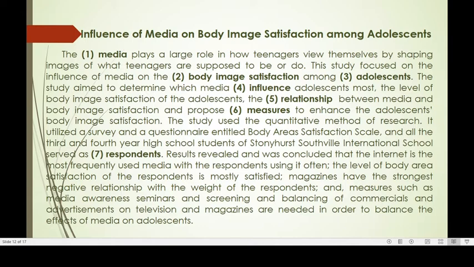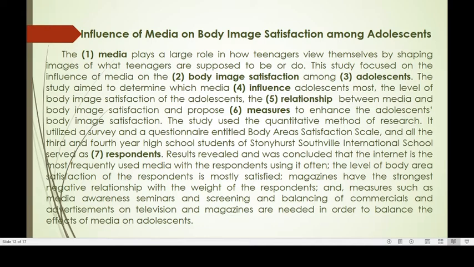Influence of media on body image satisfaction among adolescents. The number 1, media, plays a large role in how teenagers view themselves by shaping images of what teenagers are supposed to be or do. This study focused on the influence of media on the number 2, body image satisfaction among number 3, adolescents.